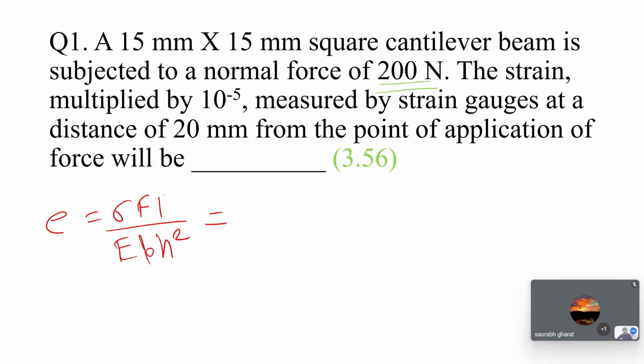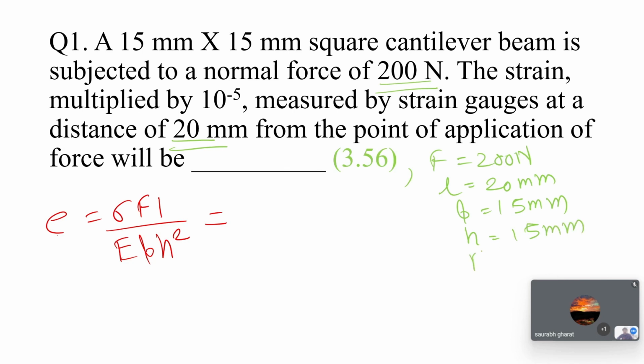L is given as 20 millimeters, B is equal to 15 millimeters, H is equal to 15 millimeters, and E is equal to 200 gigapascal. So just put it in this formula. What will be your answer? Just put everything in meters.